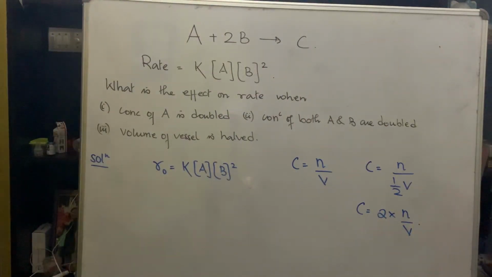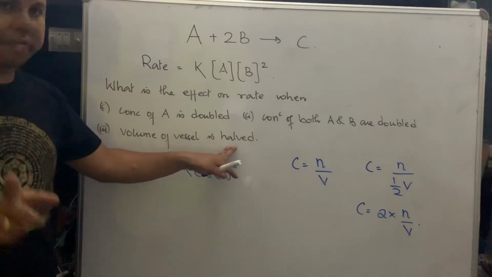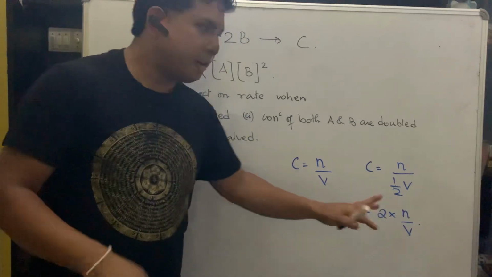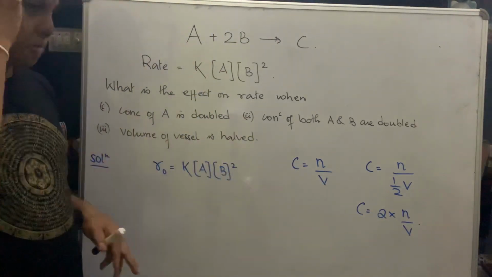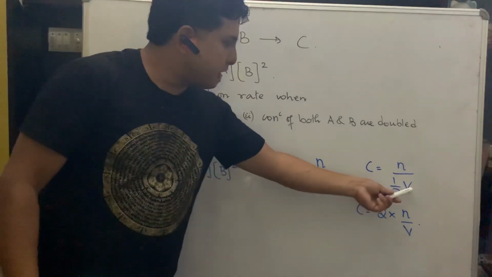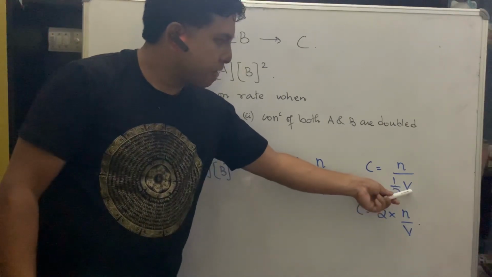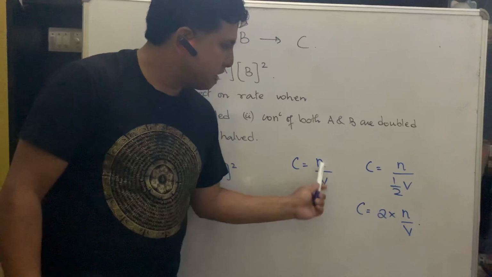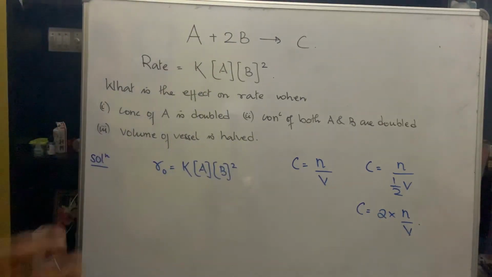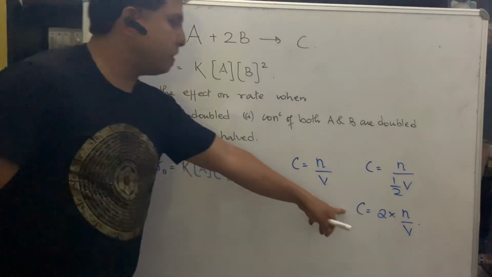So when you decrease the volume of the vessel by half, the concentration increases by 2 times. We have related volume with concentration. According to the question, the volume of the vessel is reduced by half, so it becomes half of V. Mathematically it becomes twice the initial concentration. This means the concentration of the reactants is going to get doubled.